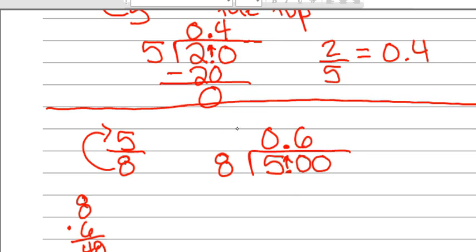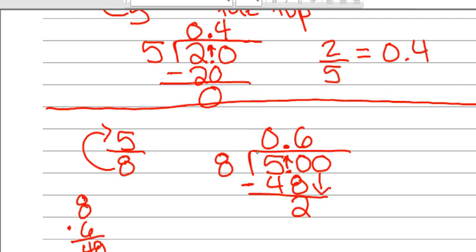So I need to put it above the end of the 50, showing that it goes into the whole 50. So 8 goes into 50 6 times. 8 times 6 is 48. I'm going to subtract. 50 minus 48 is just 2.